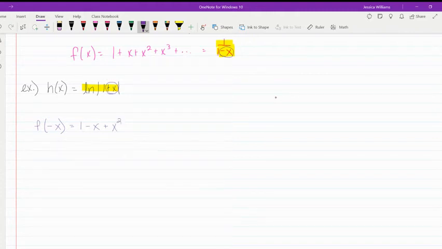Negative x cubed is negative x cubed. So it created an alternator. It's now making my series an alternating series. So this approximately equals 1 over 1 plus x. So we're getting closer. I have the 1 plus x like I need.